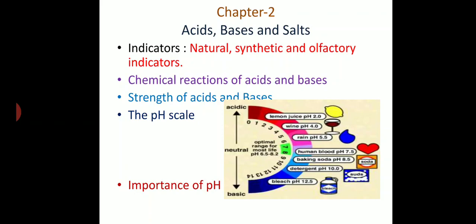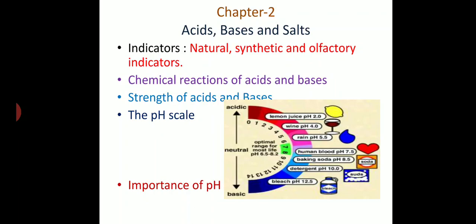Indicators can be natural, for example litmus solution, turmeric, etc. Synthetic indicators are phenolphthalein and methyl orange, and I hope you know the colors of these substances with acids and bases very well. Then you have learnt about olfactory indicators, which change smell with acid and base.